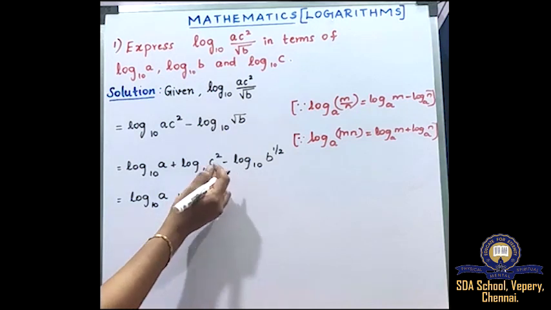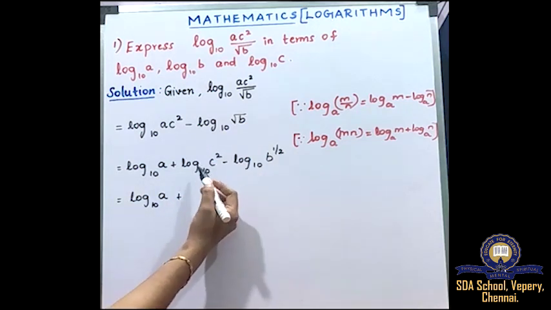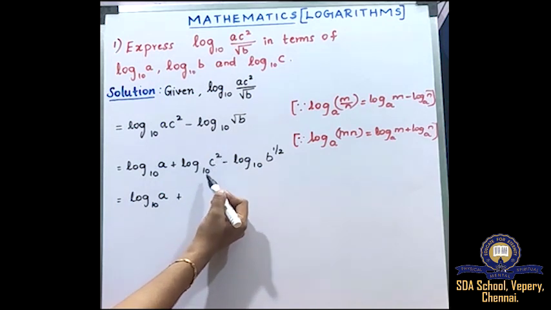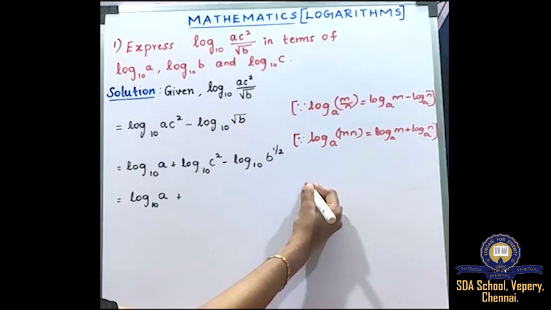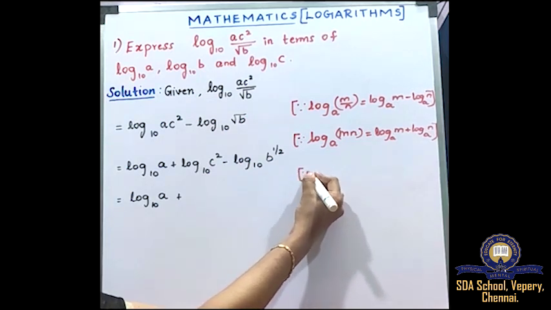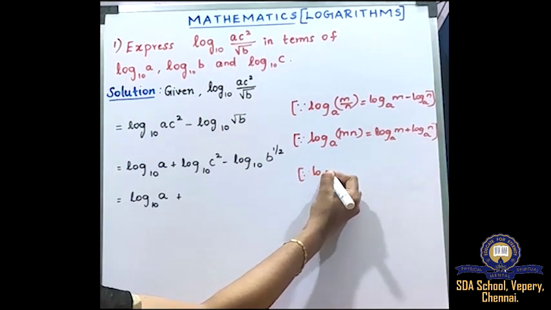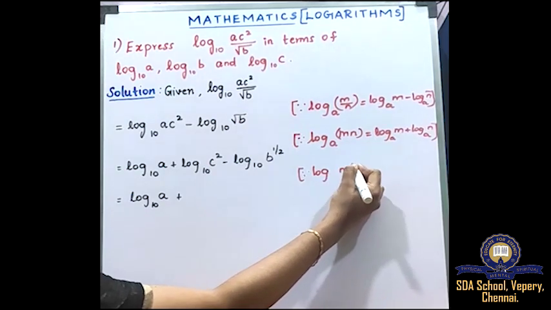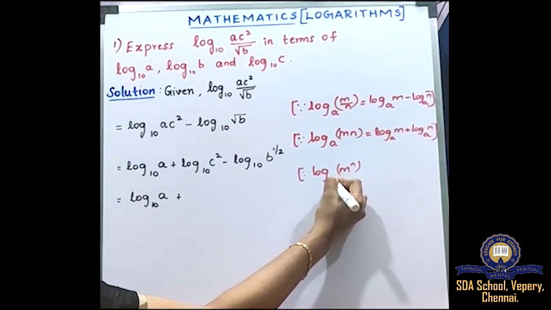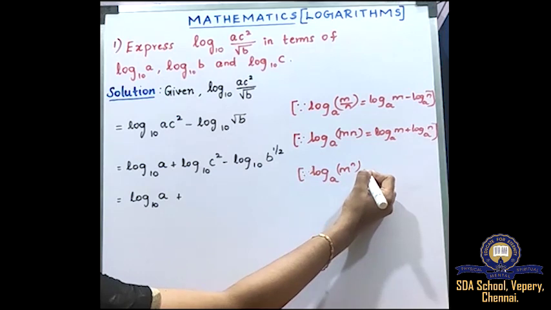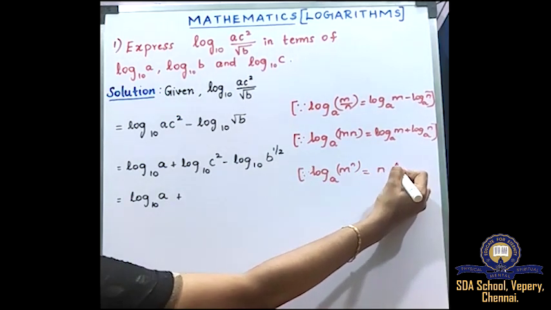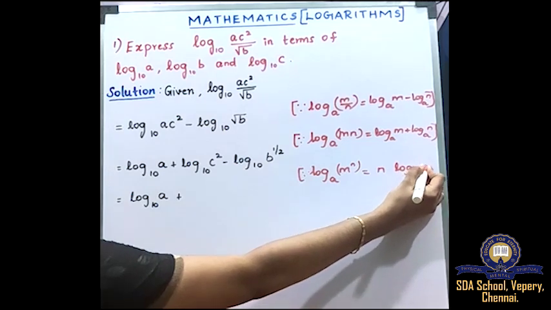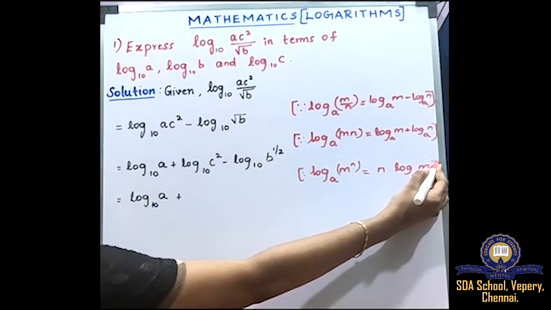Now, if you observe the second and the third term, it is in the form of log m power n to the base a, right? So as we have learned, log m power n to the base a equals n log m to the base a.